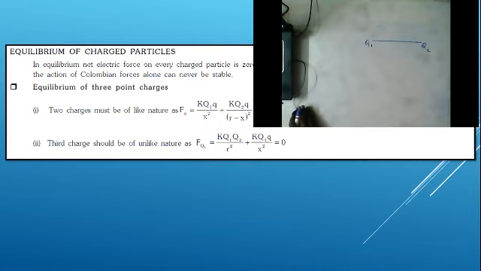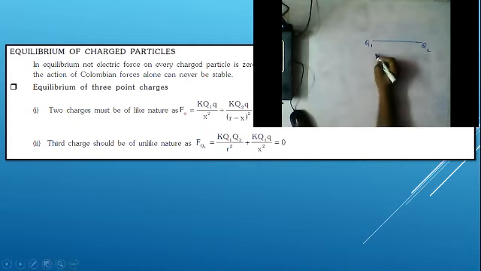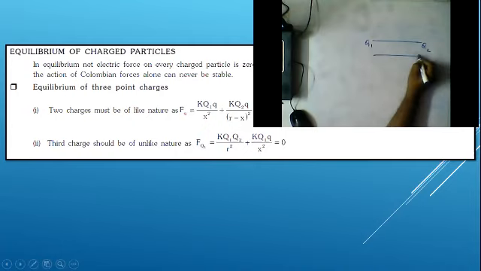Now here the distance between them is r.